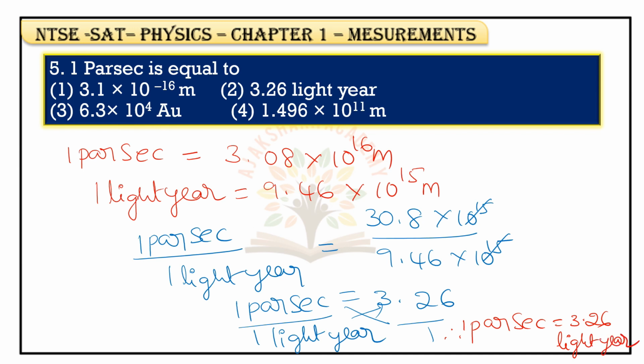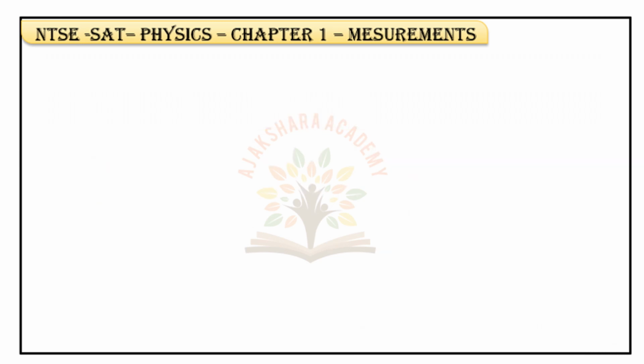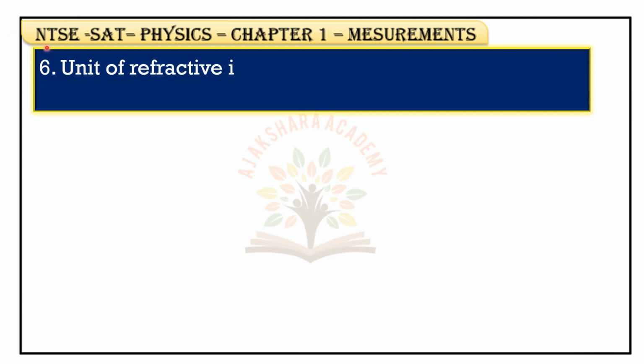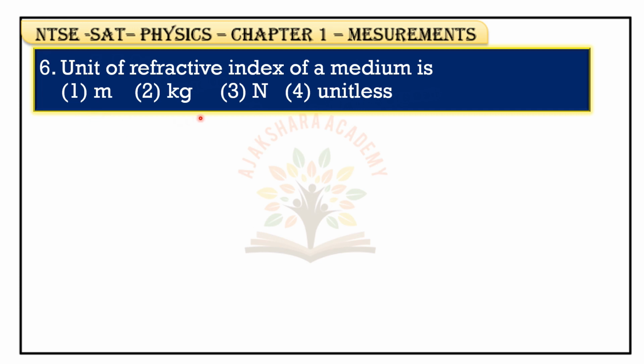So 1 parsec is equals to how many light years? 3.26 light year. So second option is correct. 1 parallactic second is equals to 3.26 light years.